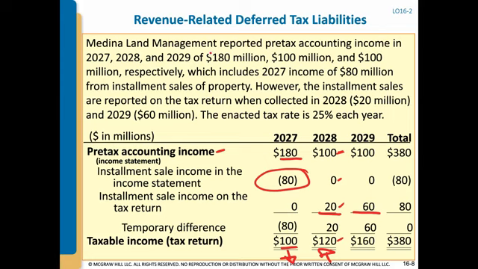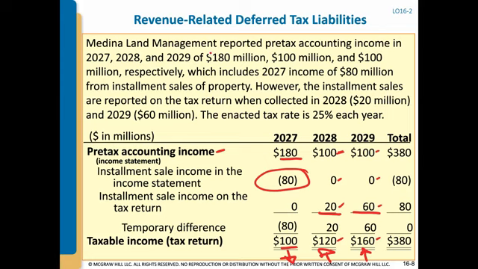Same thing for 2029. We start with pre-tax accounting income of 100. There's no adjustment for the installment sale for financial reporting because it's all reported in 2027. And I'm going to add $60 million of revenue for tax purposes because that's when we receive the cash. So the taxable income is 160 million, higher in 2029 than the book income.